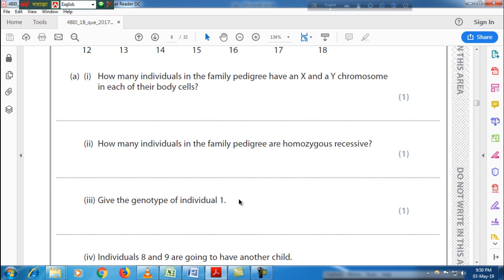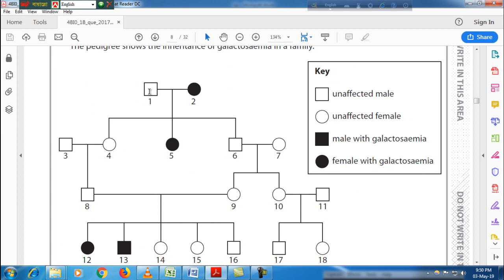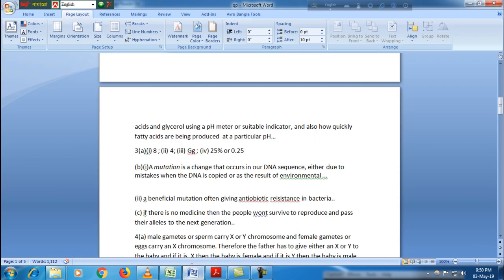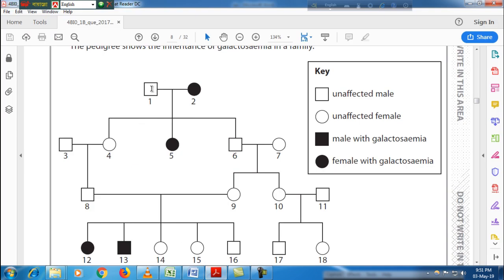Number 3, give the genotype of individual 1. So here they say the genotype of individual 1. Now it will be capital G and small letter g. Here in the diagram we see that the white boxes are unaffected.